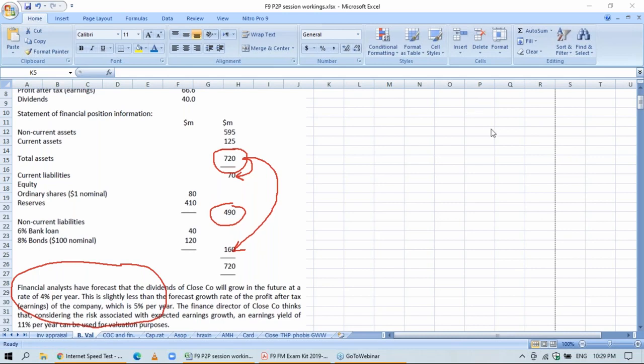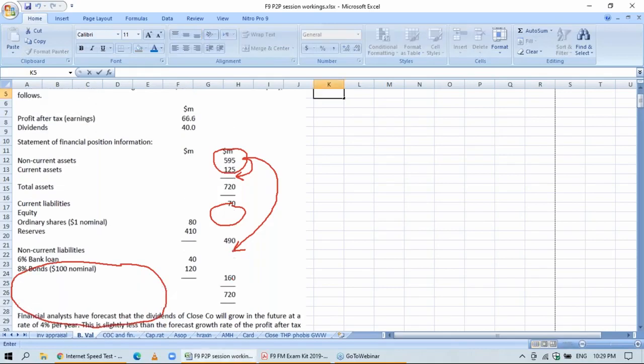So the value of the closed company, first using the net assets value method, means assets minus all liabilities. One of the questions we will do ahead will involve fair value of the assets.